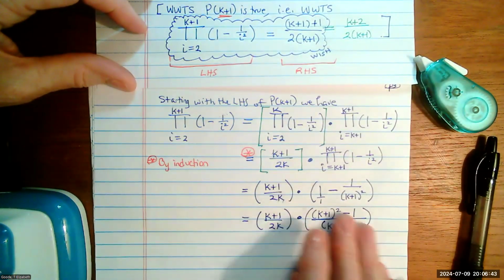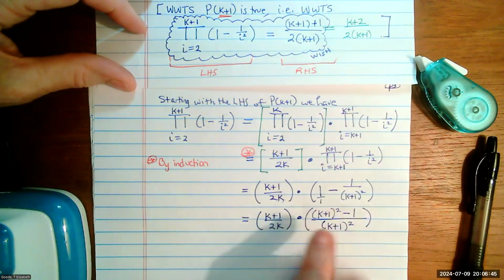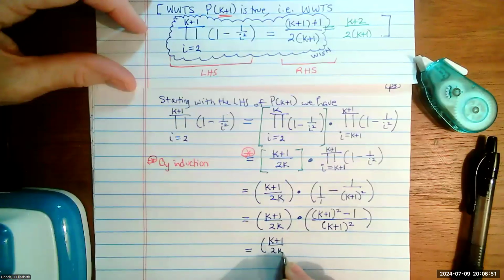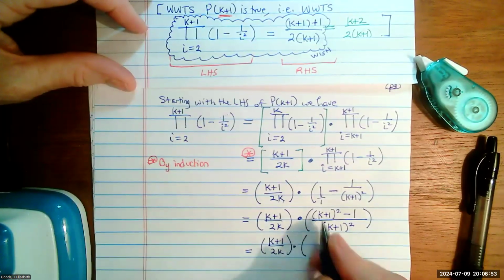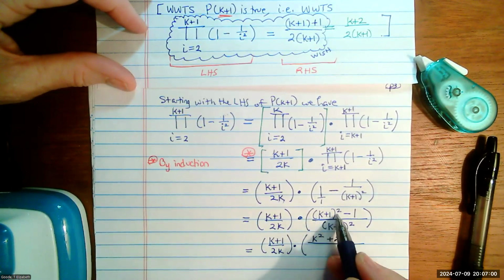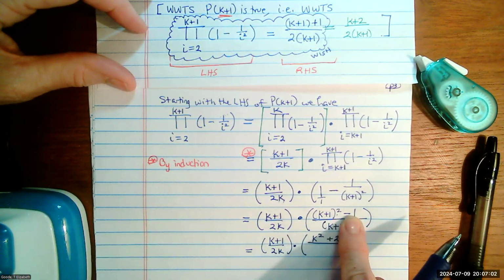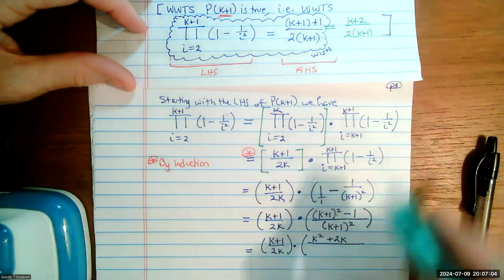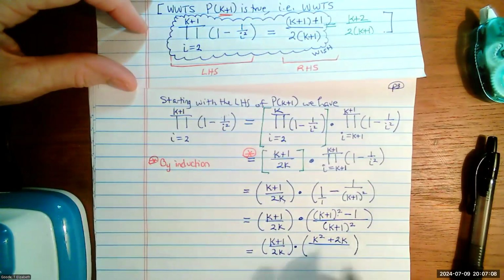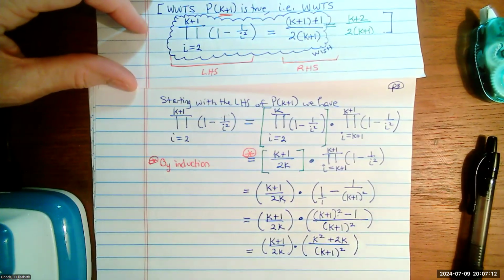All right, so again, let's work on this numerator of this fraction here, and let's see if it won't simplify a little bit. We've got k plus 1 over 2k times, well, upstairs here, we've got k squared plus 2k plus 1, but then the plus 1 will cancel with the negative 1. So all we have upstairs is k squared plus 2k, and downstairs we've got k plus 1 quantity squared.